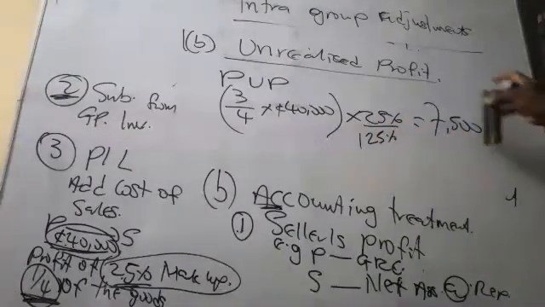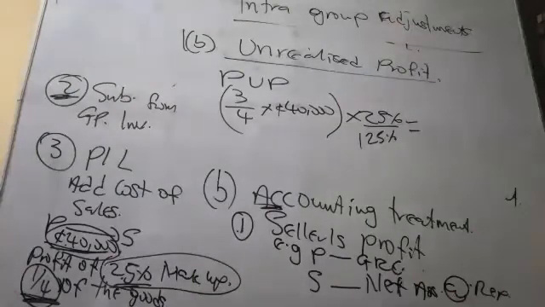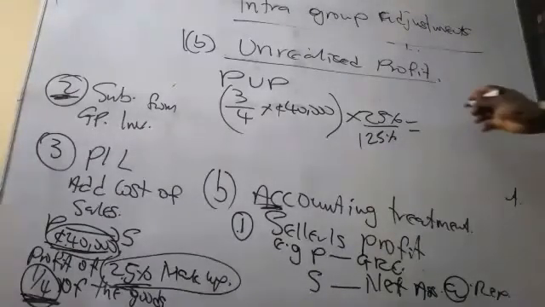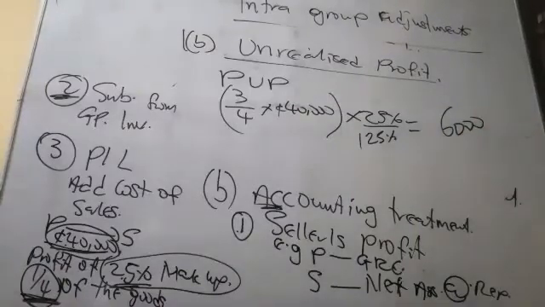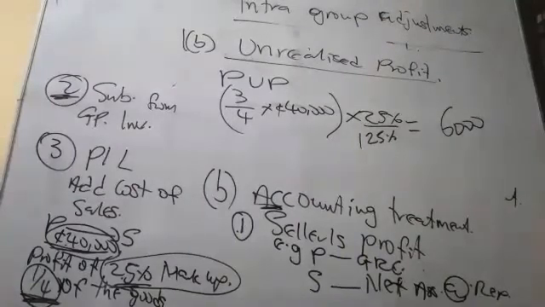So what do we change the answer to? 6,000. That is it. The treatment is still the same, so there is no change to the treatment. Good. So we are done.